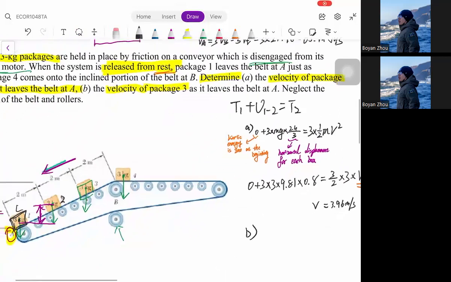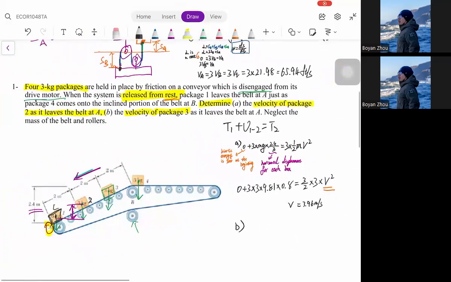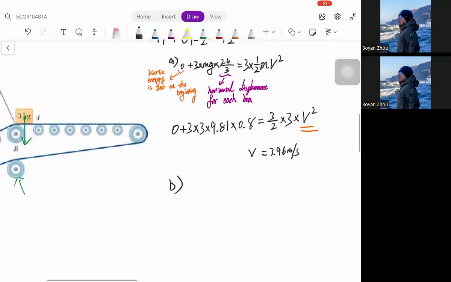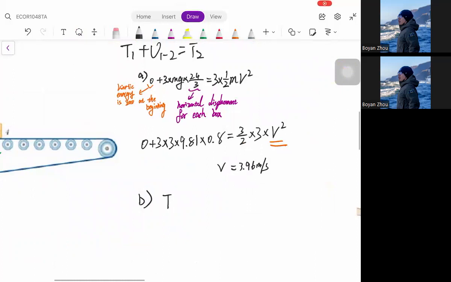So the second part is looking for the velocity of the box when package 3 is at location A. So we're going to do the same thing: T2 prime plus U, the work done by the external force from the second state to the third state, is equal to the kinetic energy at the third state.